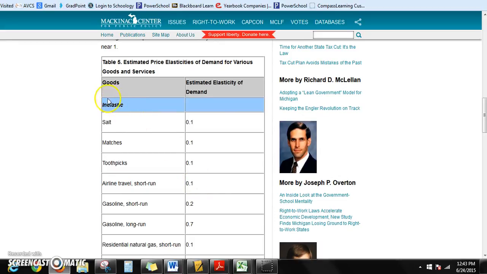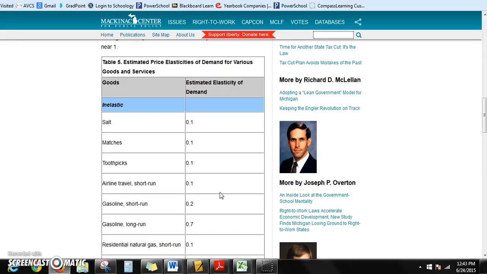So it's showing you things that are inelastic, and it's telling you the estimated elasticity of demand for these products. Now these numbers right here, you're probably thinking, what in the world do those mean? Well, when you look at the Khan Academy video and the video that you'll see ahead of that one, these will make sense. But pretty much if elasticity is less than 1, people don't react to the price change.